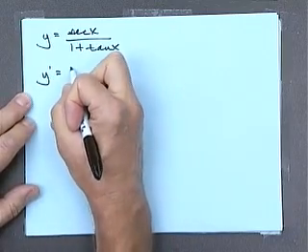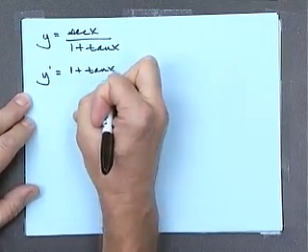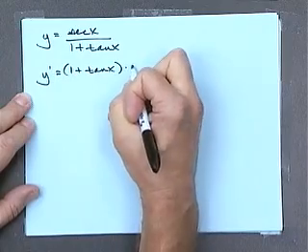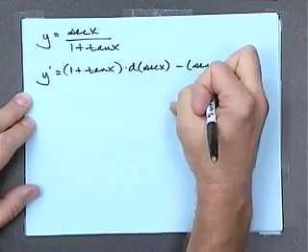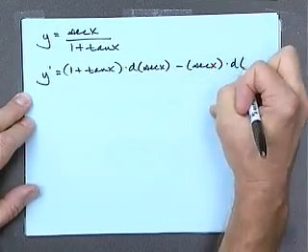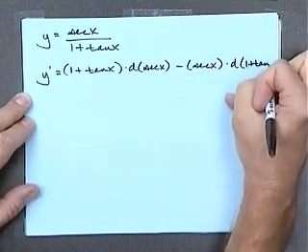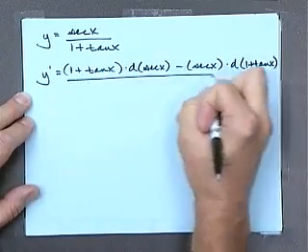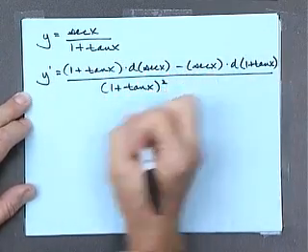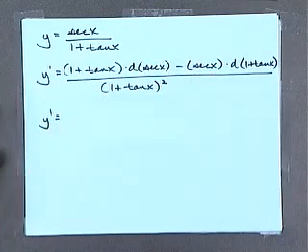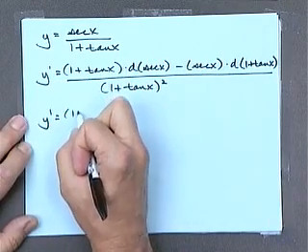So the quotient rule: denominator times derivative of numerator minus numerator times derivative of denominator, all over original denominator squared. So far we've used the quotient rule. We haven't really used the new stuff, but to finish the quotient rule, we have to use the new information that we figured out yesterday.